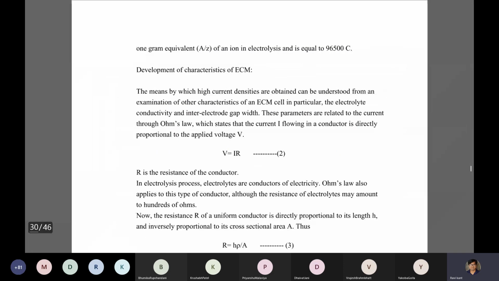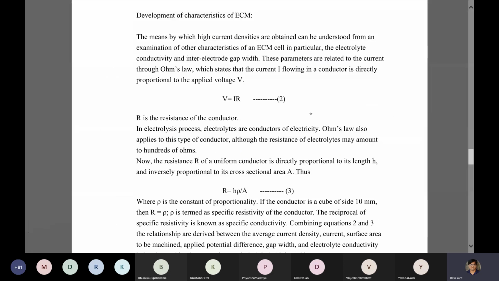A few other characteristics are there when things are done in an electrical manner. You have a voltage source, you have some electricity that is moving around, this is a plus minus. Voltage is proportional to the current, and R is a material constant, called the resistance of the material.